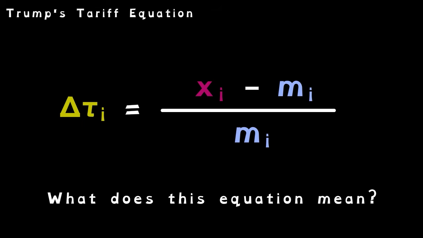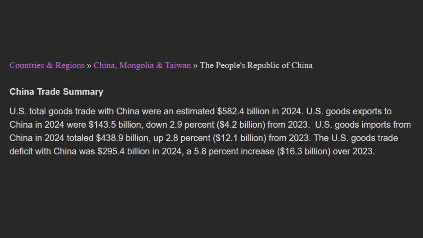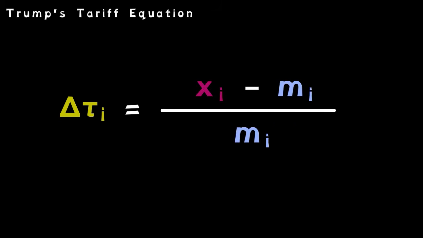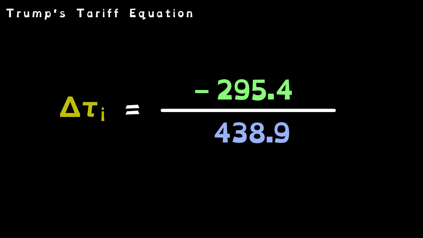So what does this equation mean? Let's go with an example. Going on to the US government's website again, we see that we sold China $143.5 billion worth of stuff, and we bought $438.9 billion worth of stuff from them. So in essence, you have a trade deficit of negative $295.4 billion, or with Trump's equation, $295.4 billion because of the sign error mentioned earlier.